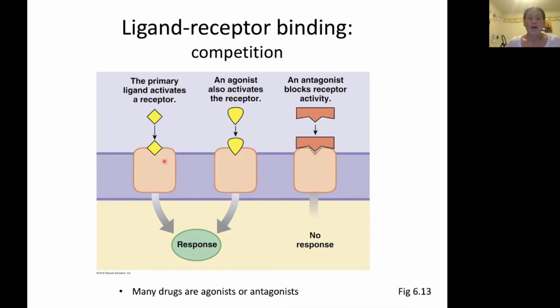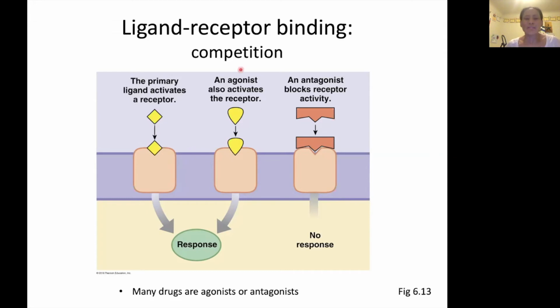But it's also important to note that there are a lot of other molecules in existence, either occurring naturally or synthesized, that can mimic the action of the hormone, right? So if you have a molecule that's similar in shape to the hormone, then it can bind the receptor, okay?